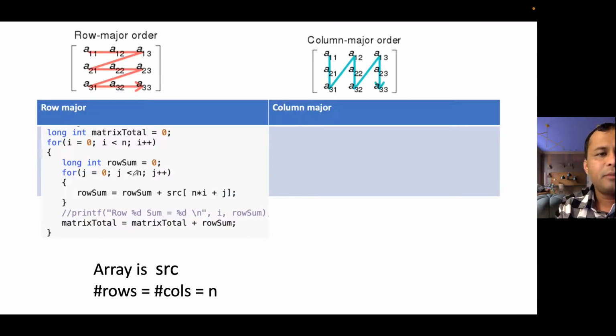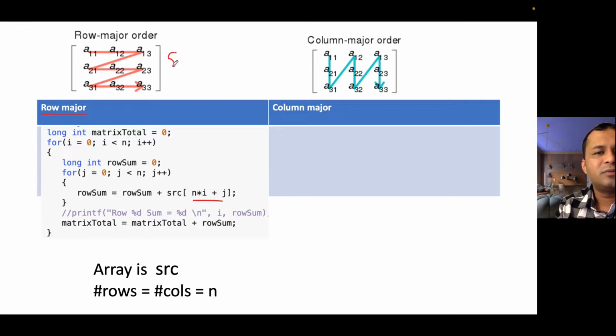So what is the lab problem? The lab problem is you would be given a row major program. So you need to basically add all the elements in this matrix, and that's what this program does. It uses 1D access to go over all the elements.